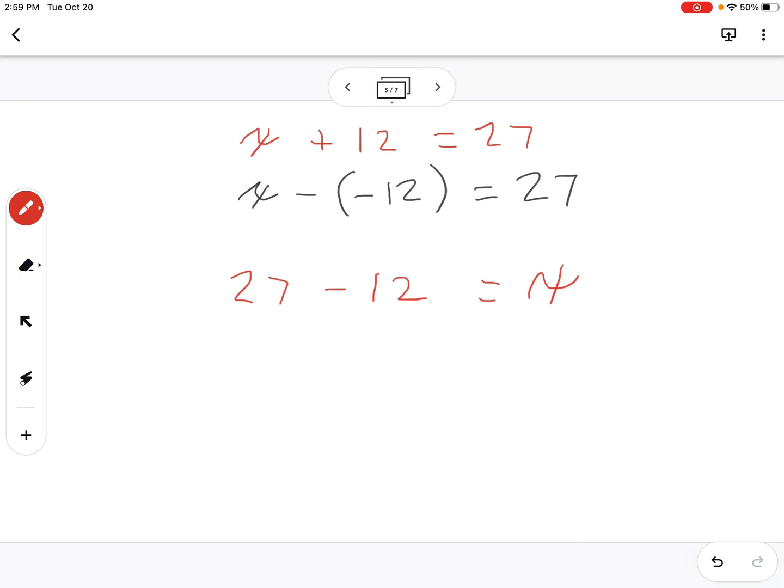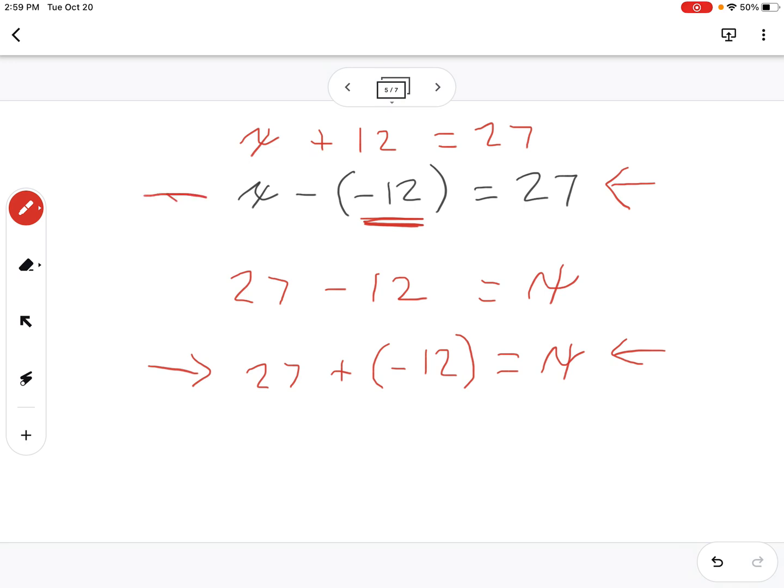So we know that's a true statement, but in order to write a true fact family member, we have to use this value right here, and that's negative 12. So we have to rewrite this equation: 27 plus negative 12 equals X. Now, we've written the fact family that is related to this one that we started. But we still haven't determined what X equals.